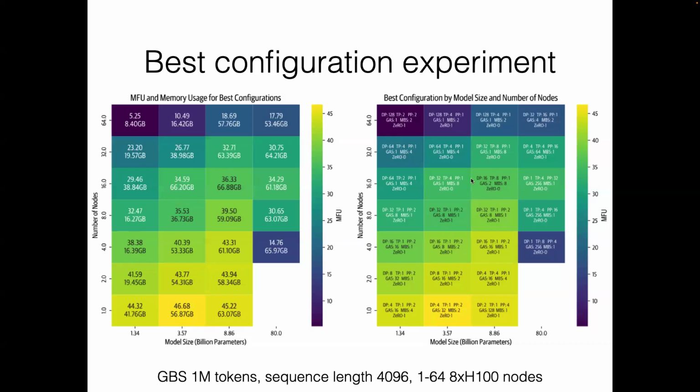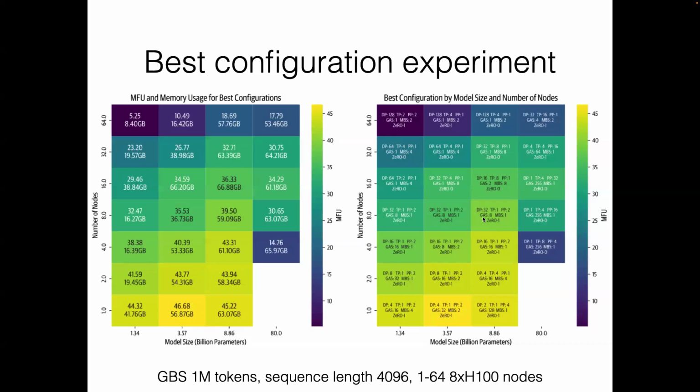This is actually just showing the best configuration. It's really small, but it has these different terms, and hopefully you should be able to understand them. Let's look at this square. It's saying you have an 8 billion parameter model, you have 8 nodes, and you're setting data parallel to 32, tensor parallel to 1, pipeline parallel to 2.